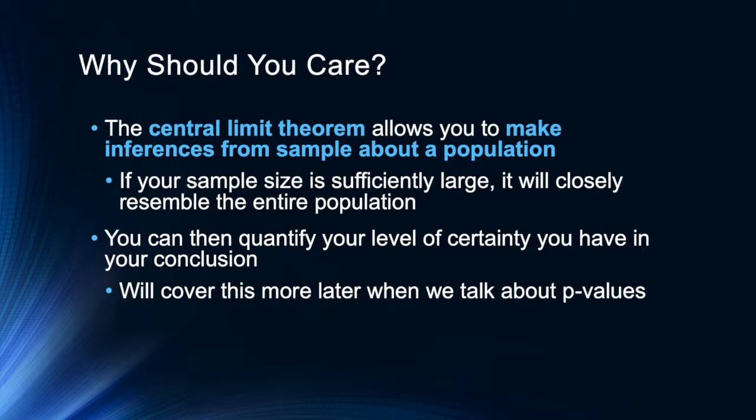So if you resample the same population, even if it's very skewed, if you resample, it's going to look normal. So that's kind of the rule of large numbers in statistics. The bigger your sample size, the better you can make inferences or make conclusions about the data and the relationships that you're seeing.